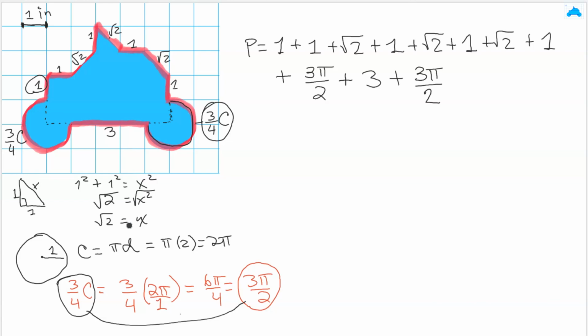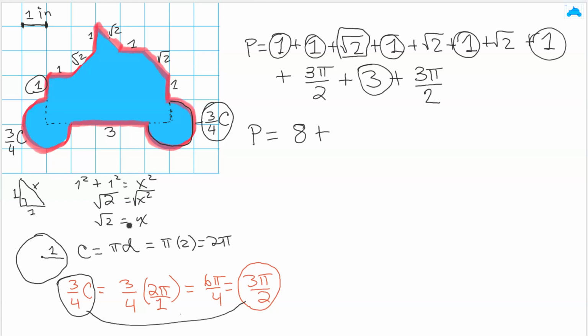Now, if you need to, you can go ahead and combine like terms, or you can just use your calculator. So in this case, perimeter would be 1, 2, 3, 4, 5. 5 plus 3 is 8. 8 plus square root of 2, 2 square root of 2, 3 square root of 2, plus 3/2 plus 3/2 is 6/2, and 6/2 is 3 whole.